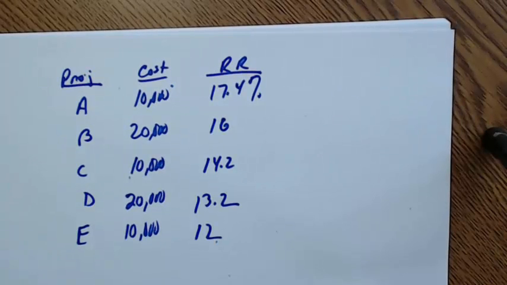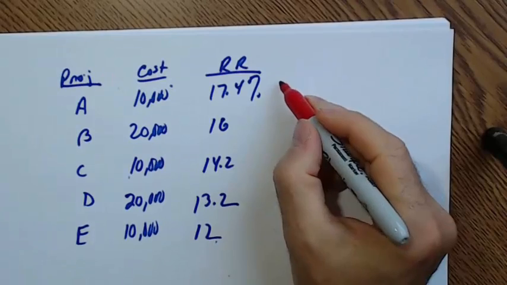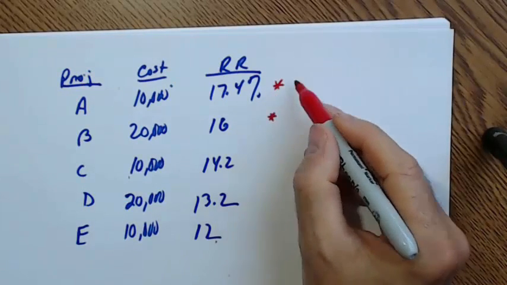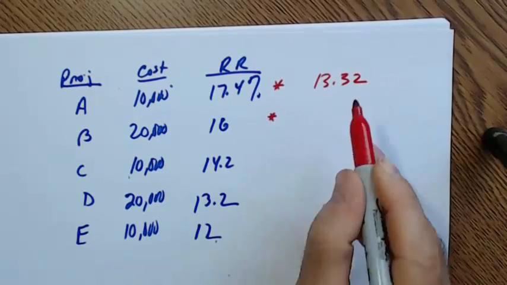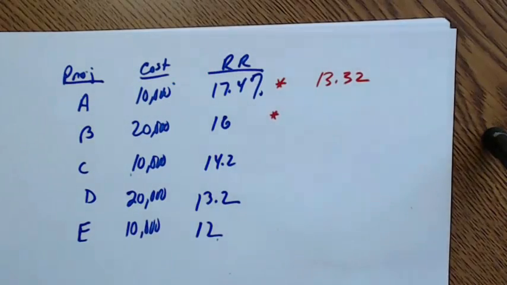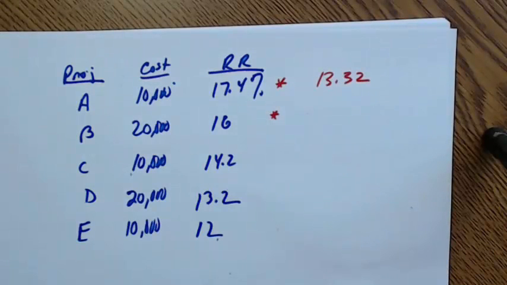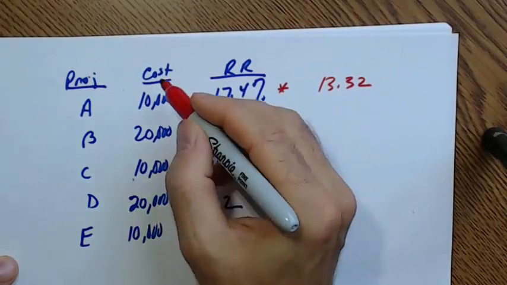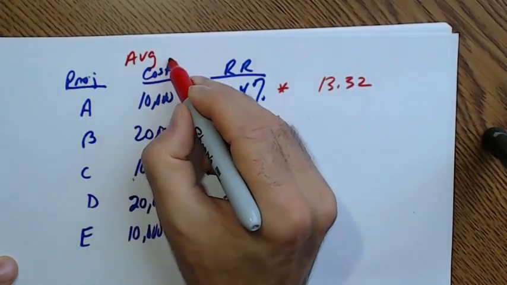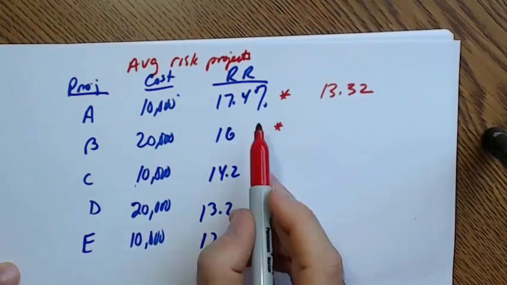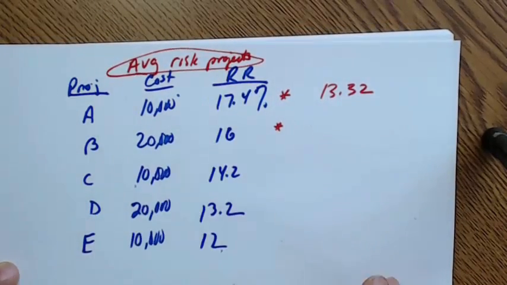Right off the bat, we want to accept this project for sure, and this project. This project is over the 13.32% I just calculated, the weighted average cost of capital. Because, I should tell you, these are all average risk projects. Each one of these is an average risk project.